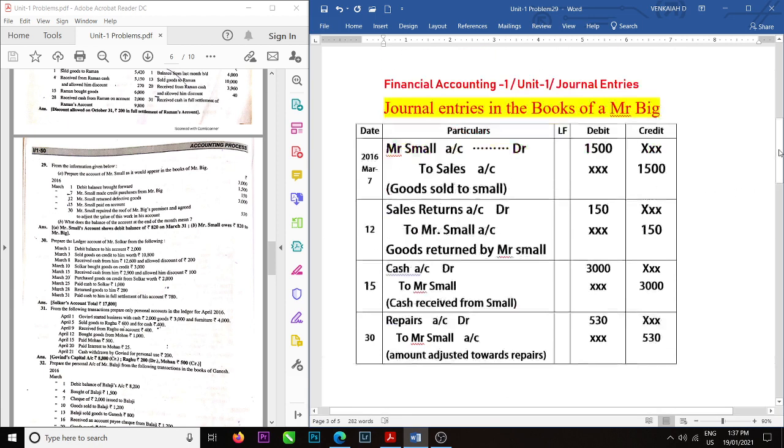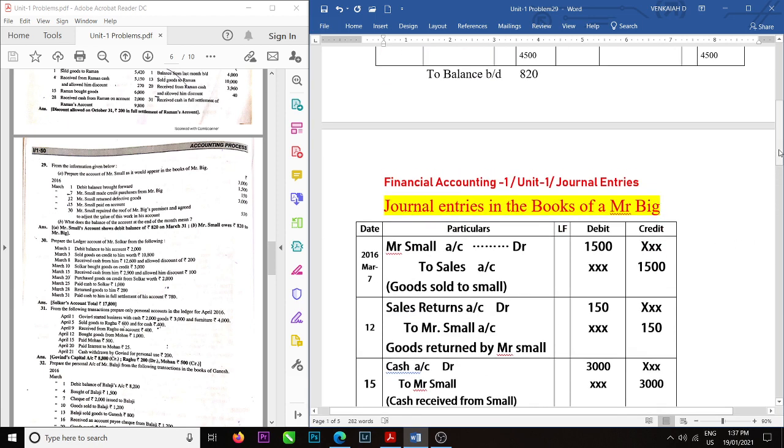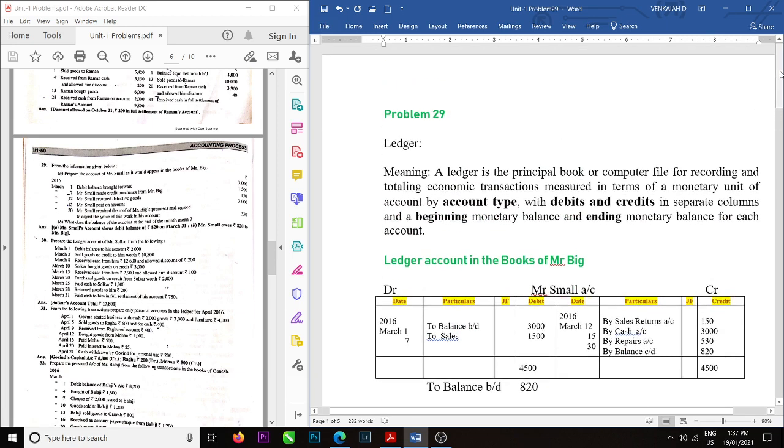So ledger is the book, principal book, main book or computer file for recording and totaling economic transactions measured in terms of monetary unit of account by account type, with debits and credits in separate columns and beginning with a beginning balance and ending balance for each account.